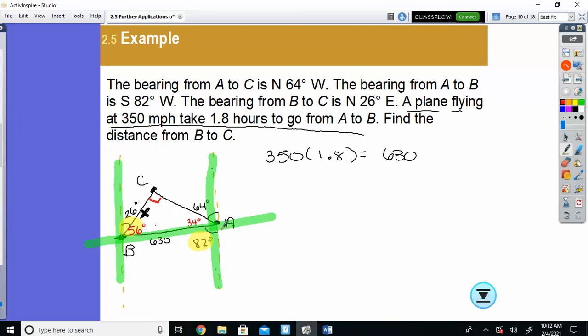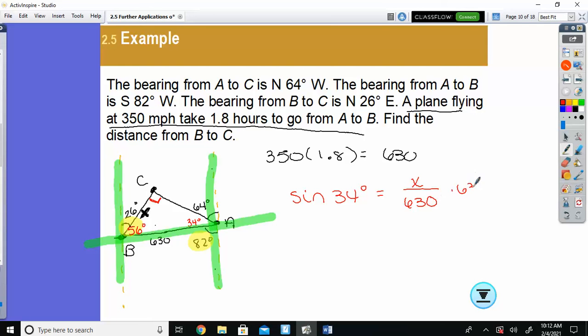So now, if I want this side, I can take either of my acute angles. Let's say I took the 34. From there, x is opposite, 630 is hypotenuse, so that would be sine. So we'd say the sine of 34 degrees equals the opposite side, x, over the hypotenuse, 630.